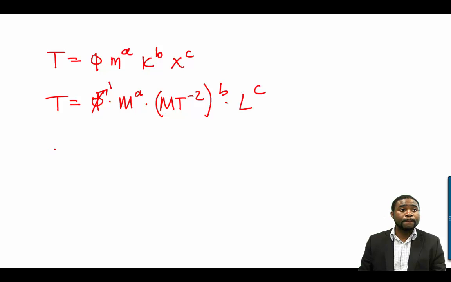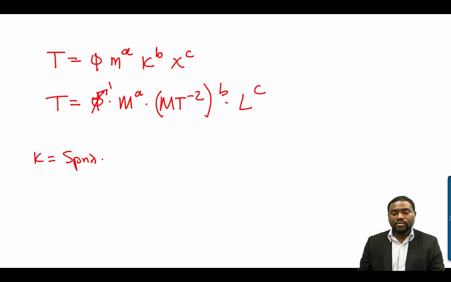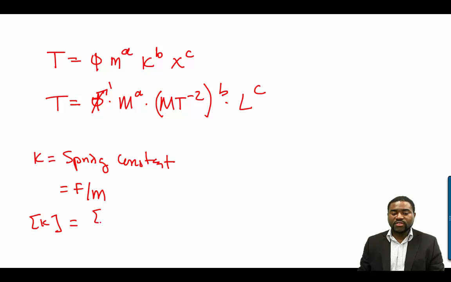Yes, please? Could you please explain again how we transfer the k to MT^-2? Oh, definitely. k is called the spring constant, which is basically defined as force per unit meter. So the dimensions of k is the dimensions of what?